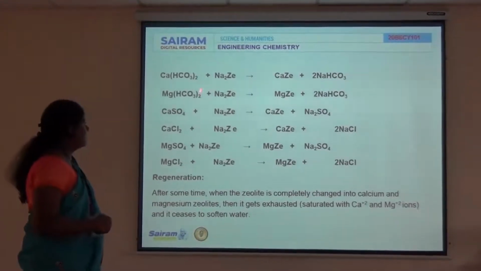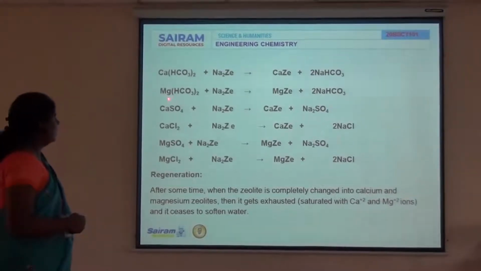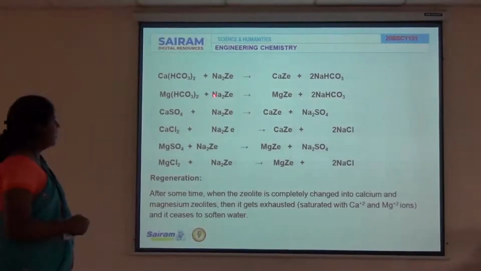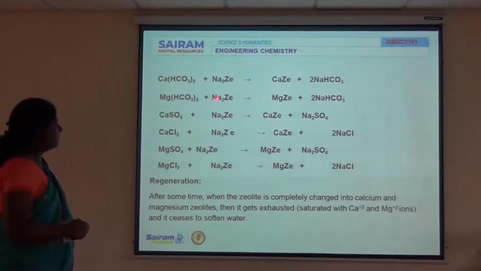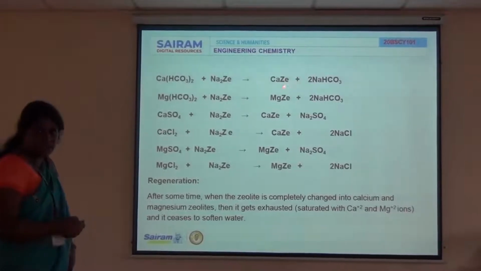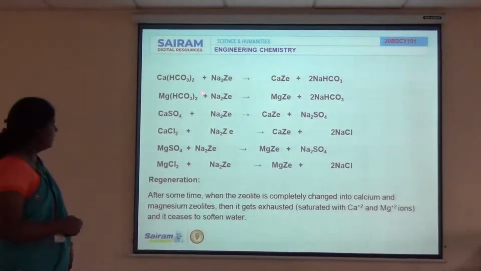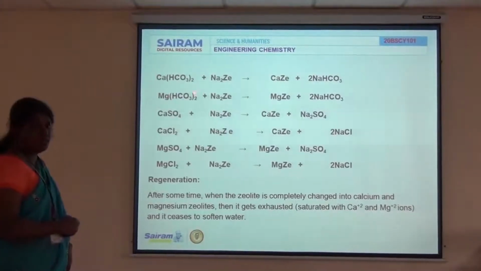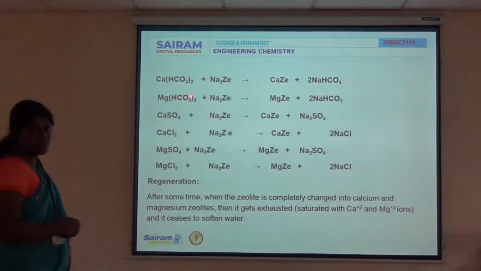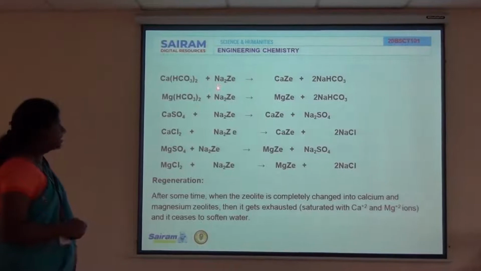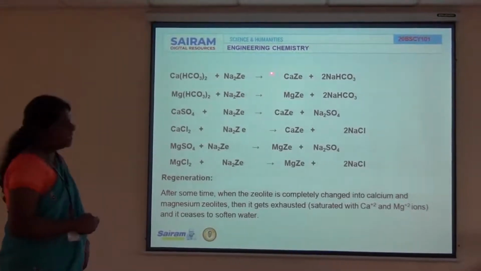Similarly, we will see another equation, that is magnesium bicarbonate, again reacting with sodium zeolite. What is the concept? Opposite charges attract each other. That is the main concept. Magnesium is a metal and carries a positive charge, and bicarbonate carries a negative charge, followed by sodium, a metal with a positive charge, and zeolite with a negative charge.